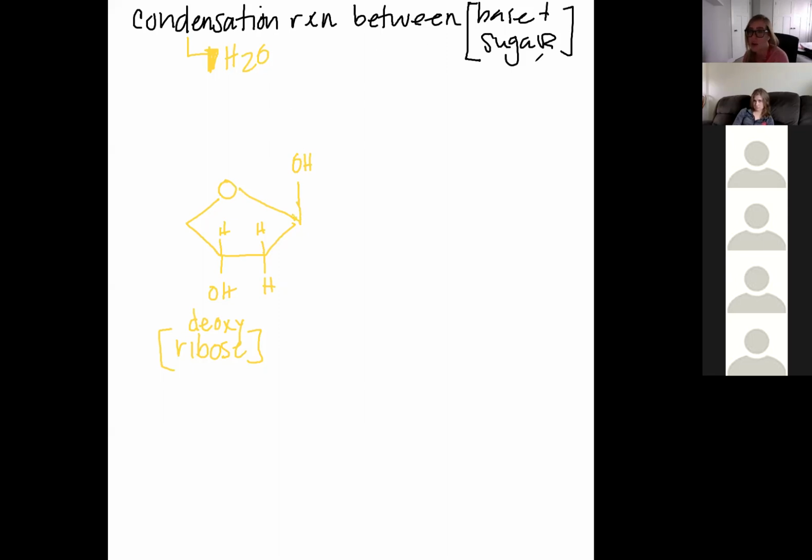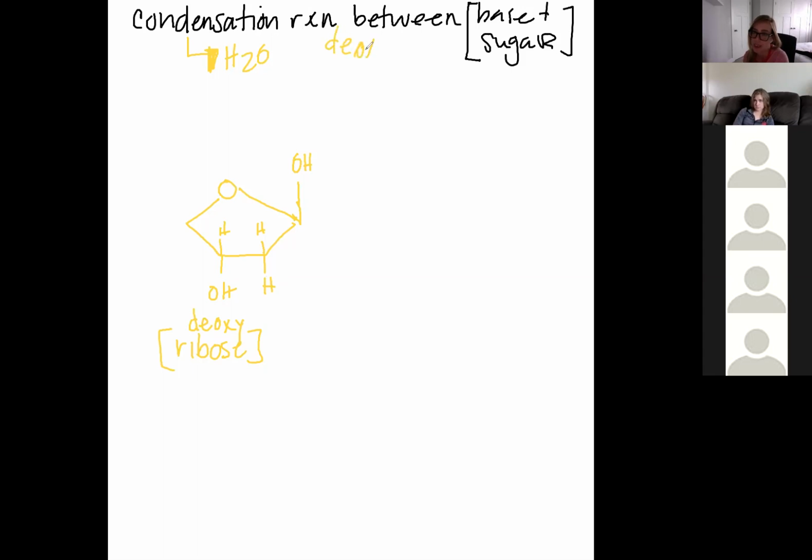So in a condensation reaction between a base and a sugar, you want to use deoxyribose. The last one we used ribose. So ribose sugars have phosphodiester bonds. So phosphodiester would be between the phosphate and the 5' OH group, right? And then we have, which was right here. But on deoxyribose, the condensation reaction will happen between the base and the sugar.